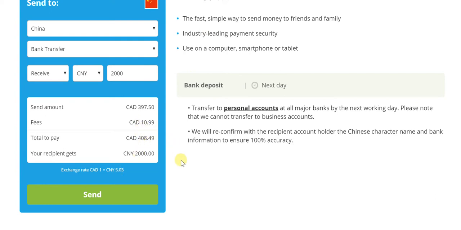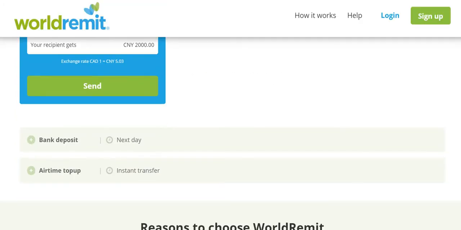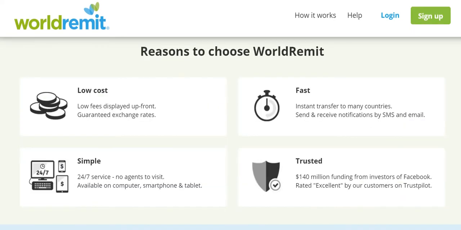So even with higher amounts, the fees remain either untouched or very marginally higher, unlike say Western Union, where fees tend to go up rather dramatically with higher amounts being sent out, and the exchange rates in WorldRemit's case are guaranteed as well. That's something which I clearly showcased to you.